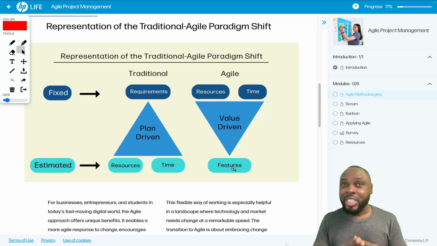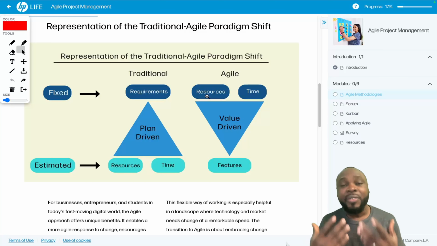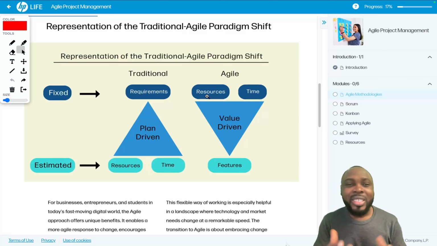So there is a change in features, but that will not bring about change in resources or change in time. All we just need to do is come together again and redecide on the value or values we are delivering now based on the change or changes in features. So as you can see, it is cheaper and faster with the agile.